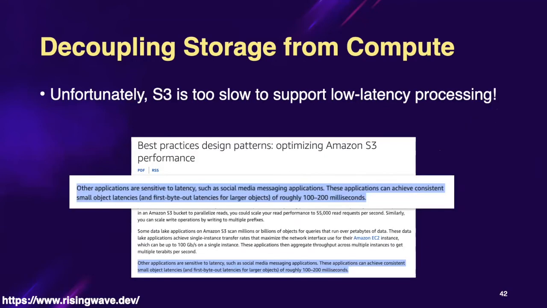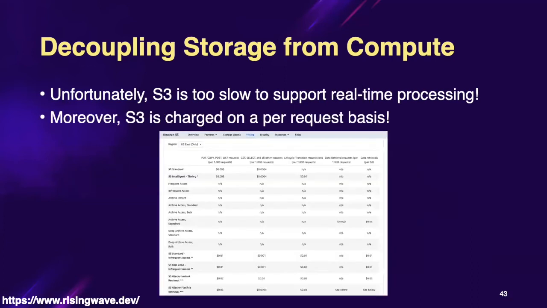And also S3 is not really designed for low latency processing. It is more designed for bulk processing, like batch processing, right? So this is not feasible if we want the latency of a streaming job to be at the millisecond level.